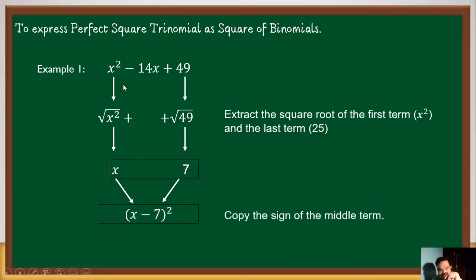So, since ang middle term natin dito is minus 14x, therefore, ang operation na ilalagay natin sa loob ng parenthesis rather is minus sign. Then, maglagay ng exponent sa labas. So therefore, the square of binomial of the perfect square trinomial x squared minus 14x plus 49 is x minus 7 quantity squared.